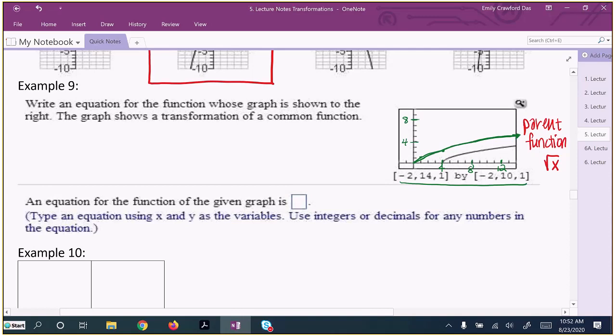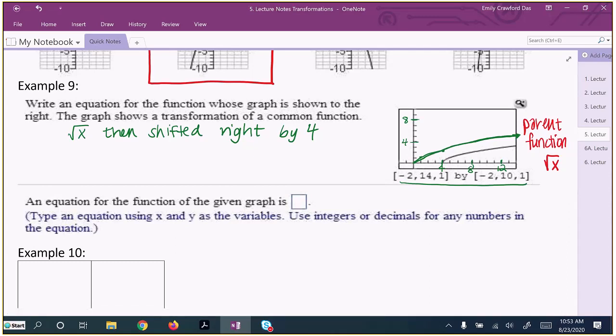This graph looks very similar to that, but it is shifted to the right by 4. So if we wanted to describe this picture, it would be square root of x, then shifted right by 4. So we have to figure out how to express that as a transformation.